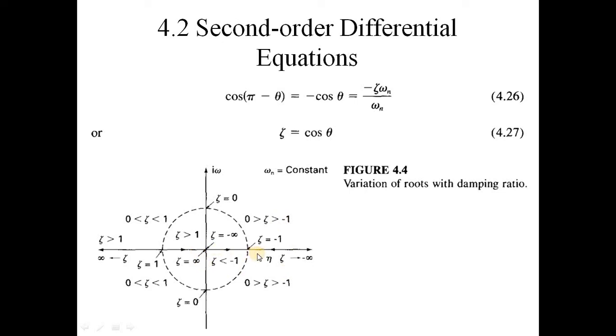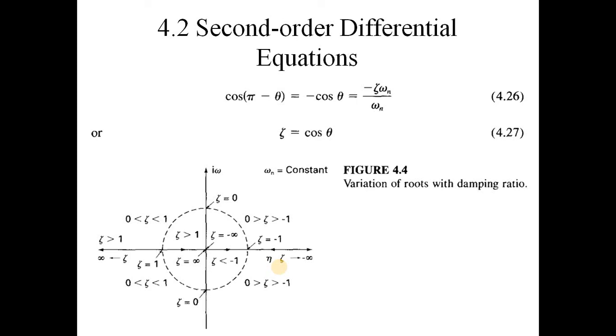And if it's critical or overdamped, but on the right side, where your damping ratio magnitude is equal to or larger than 1, the amplitude will increase exponentially. So that's the difference between the left and the right side. On the left side, it will decrease or converge to 0 exponentially, but on the right side, the unstable part, it will diverge and increase exponentially.